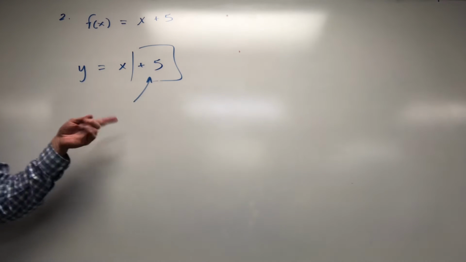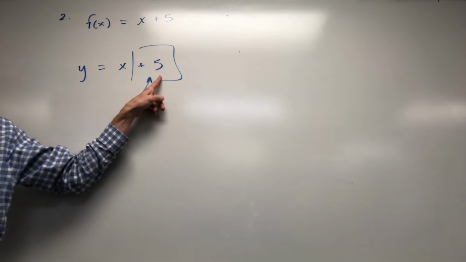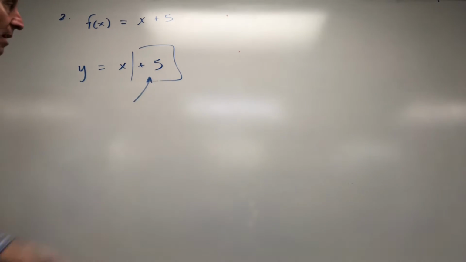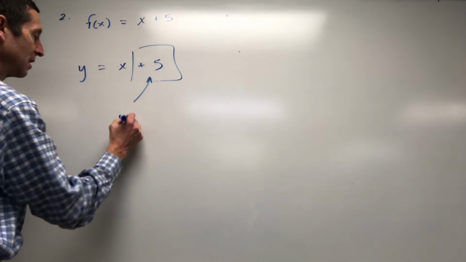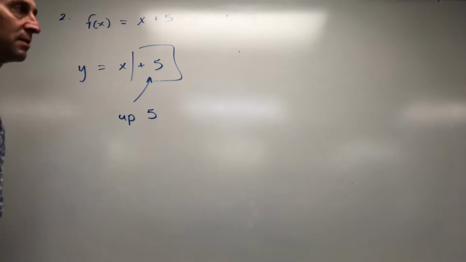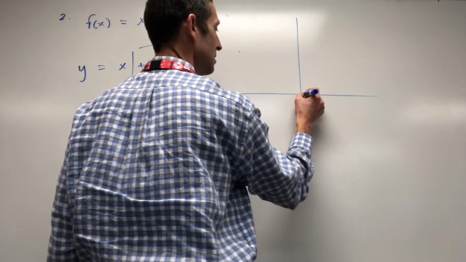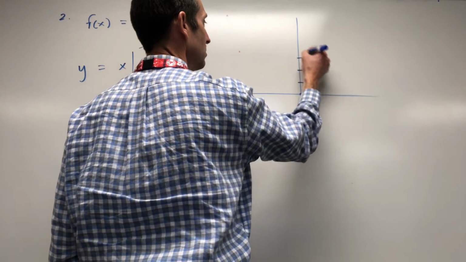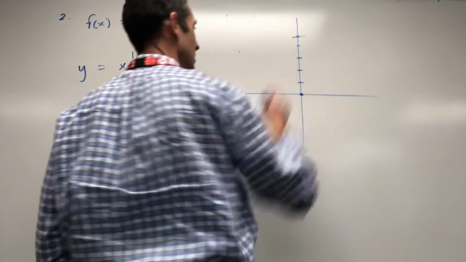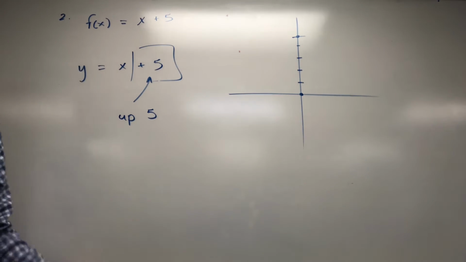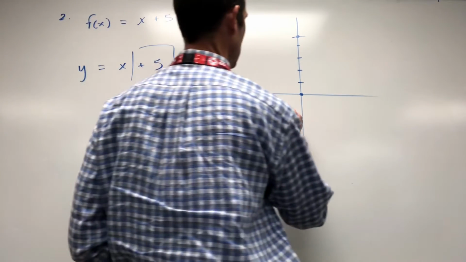As soon as you see it's x plus 5, for your linear, the number hanging out on the end is up or down. Plus 5 indicates we're going up 5 spots. So we'll sketch our graph. Here's 0, 0, 1, 2, 3, 4, 5. We've got to graph our function and the parent function.